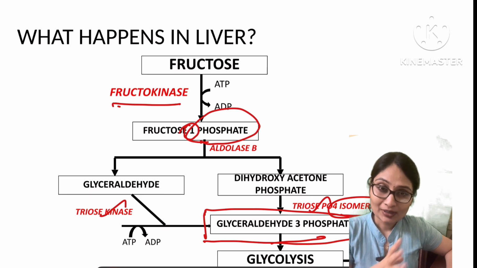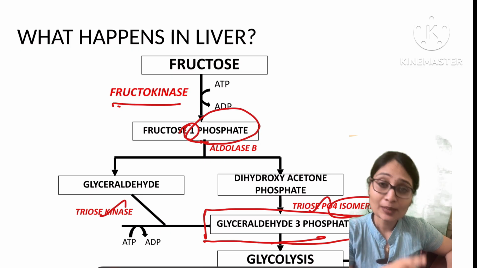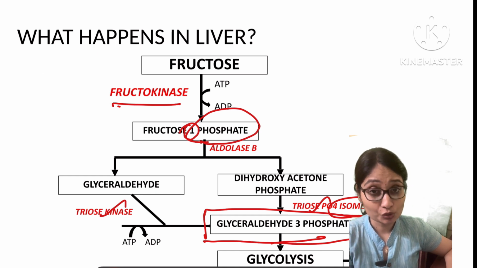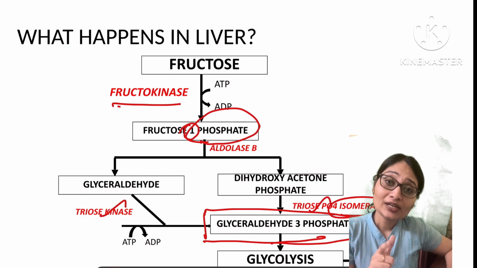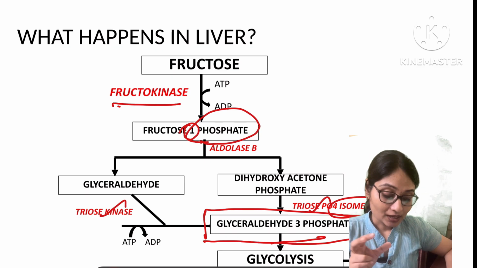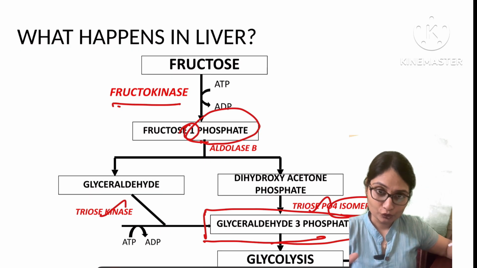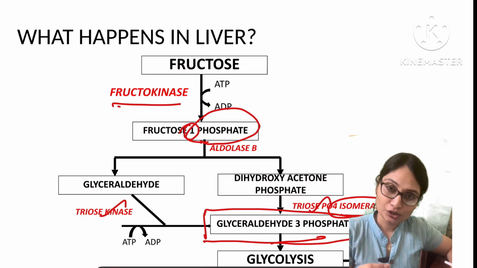To summarize the steps of fructose metabolism, the first step is a kinase step. As opposed to hexokinase in glycolysis, we have fructokinase. Fructokinase adds a phosphate moiety to this fructose sugar, and now this fructose 1 phosphate has to get cleaved into two compounds, glyceraldehyde and dihydroxyacetone phosphate.